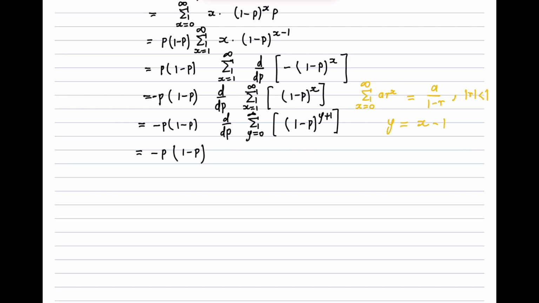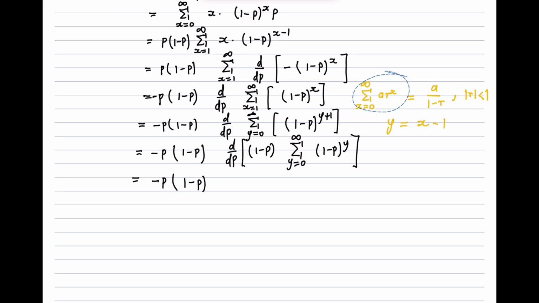a complicated d on dp of 1 minus p, the sum of y equals 0 to infinity of 1 minus p to the y, and you're taking the derivative of all of that. And then, of course, now we can use our expression for the sum of an infinite power series, and it just becomes a on 1 minus r.